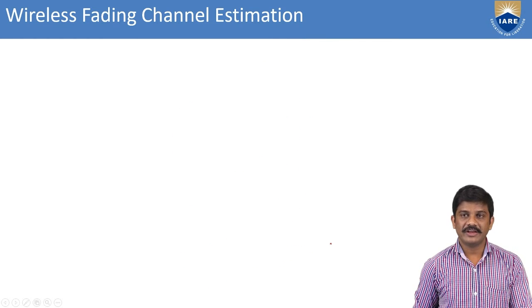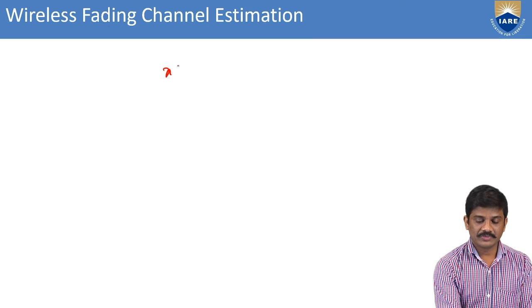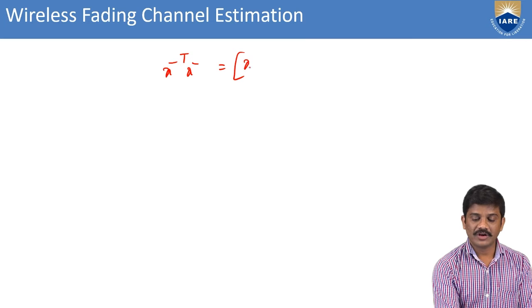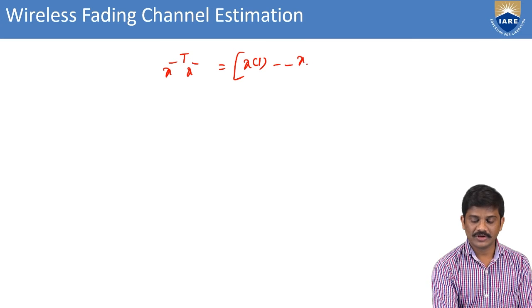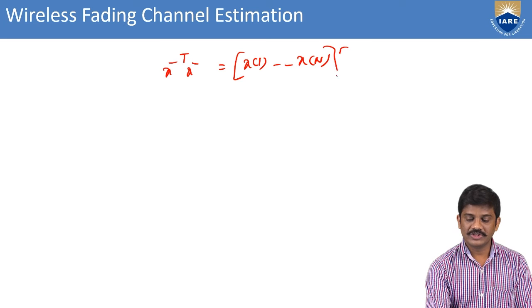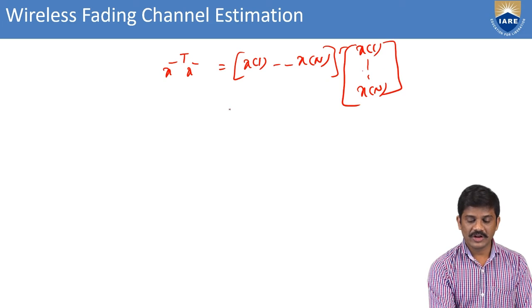Then we can write x bar transpose x bar equal to x of 1 to x of n, transpose, times x of 1 to x of n. Then we can also write summation of k equal to 1 to n, x square of k.